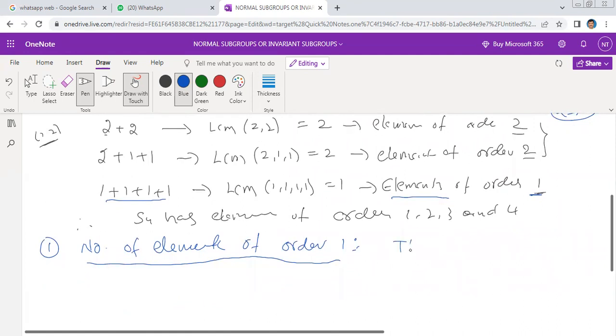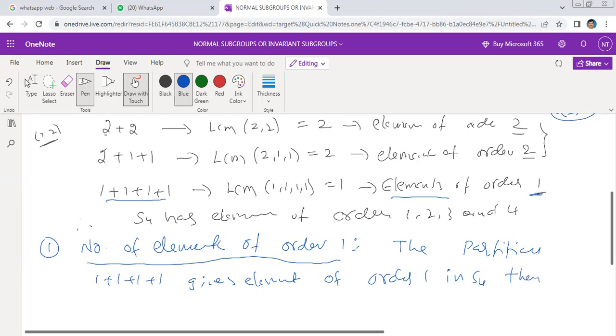The partition 1 plus 1 plus 1 plus 1 gives element of order 1 in S4.